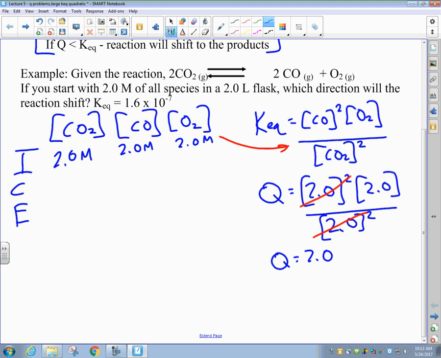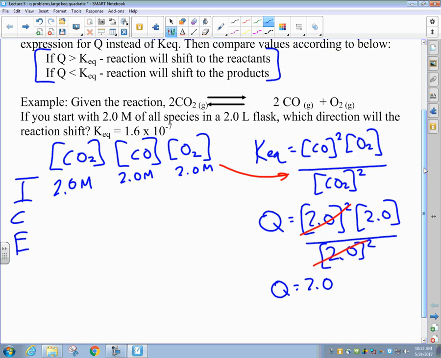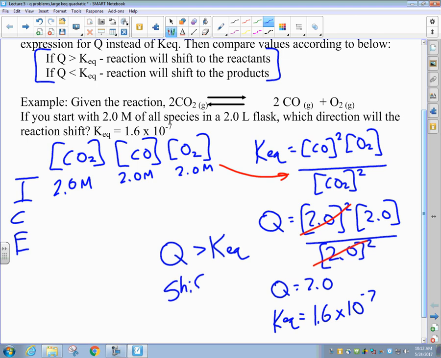So then we go back to the statements that we have up at the top of the screen here. Our KEQ value, which is given in the problem, is 1.6 times 10 to the minus 7. Therefore, Q is larger than KEQ. Since Q is larger than KEQ, we're going to see a shift left.